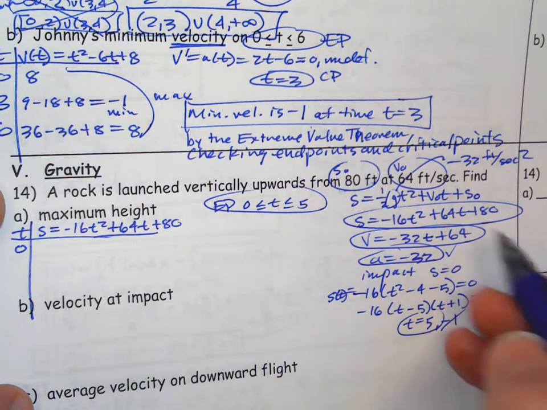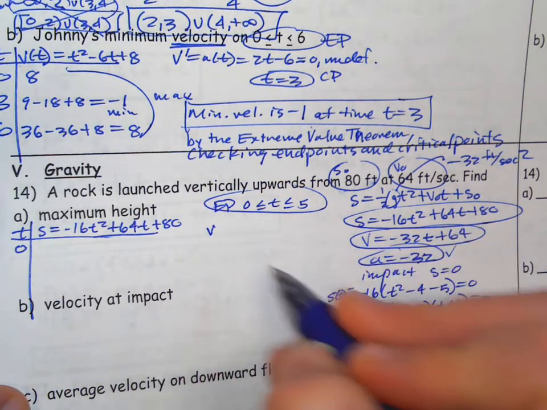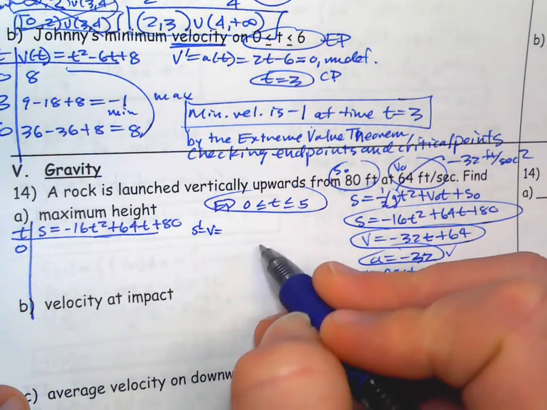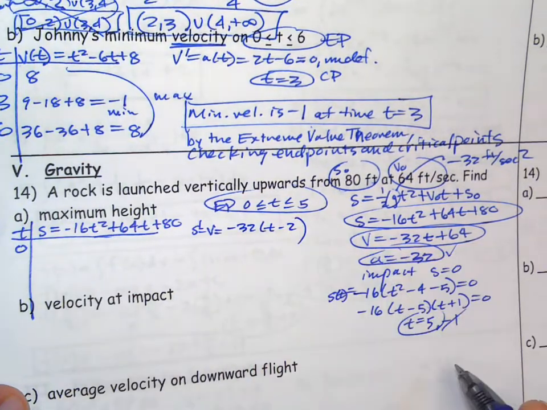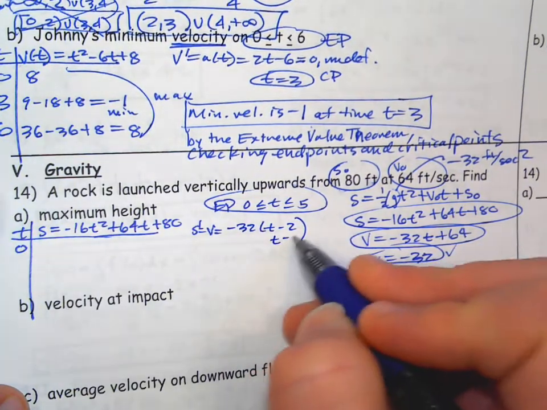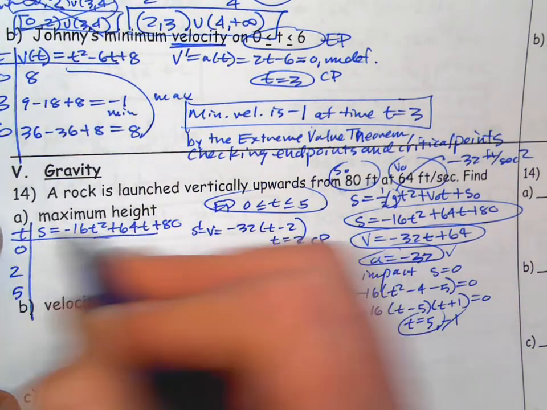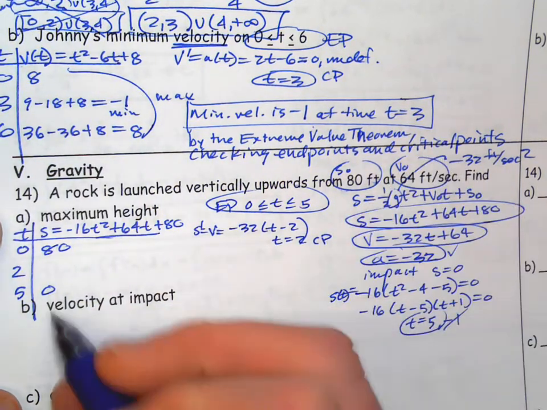The critical point is going to be when velocity equals 0, when s prime, which is velocity, equals 0. So we're going to factor out a negative 32. And so t equals 2 is a critical point. So 0, 2, 5. Plug 0 in here, you get 80. If you plug 5 in, you should get 0. It's a good check, but that's how we found that time.